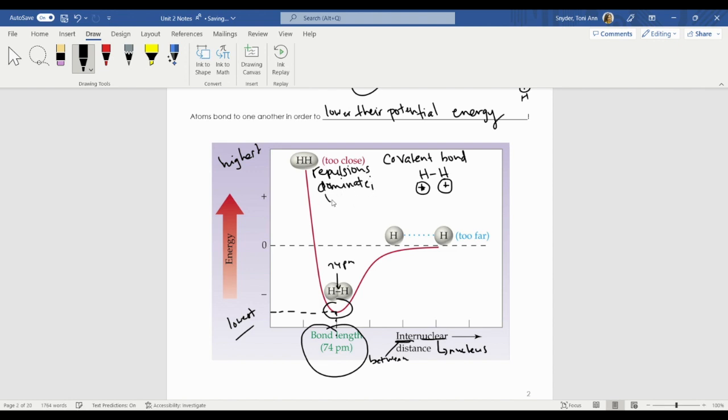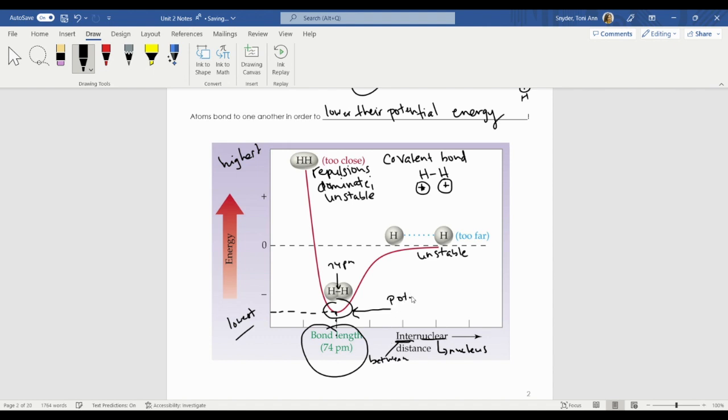When the repulsions dominate, this is a very unstable state. In the same way, if they're too far apart, this is also unstable. Granted, it's not as unstable as when their nuclei are on top of one another, but they're still pretty unstable. And this lowest point is what you want to look for in these graphs, and that's because it's where potential energy is the lowest.